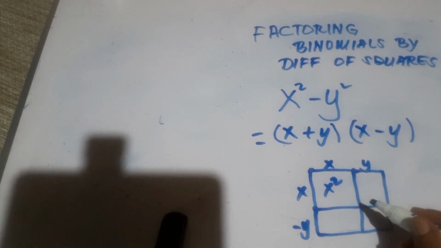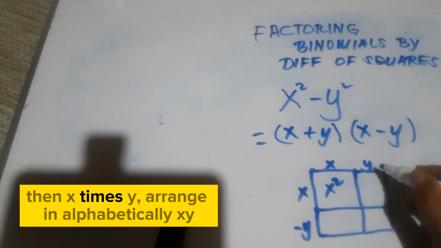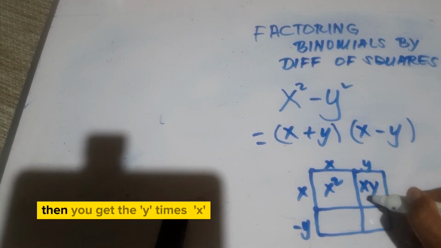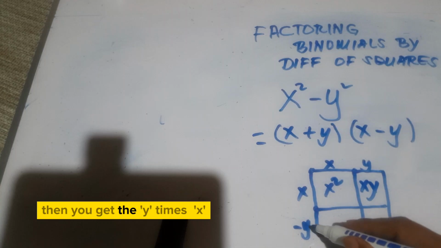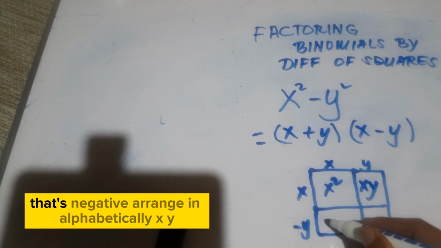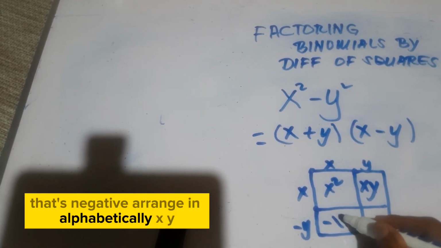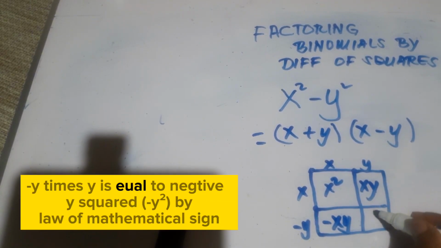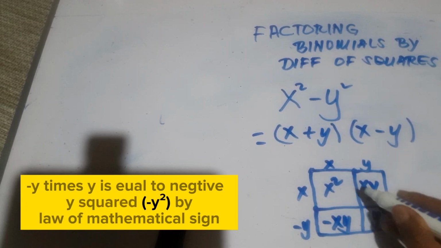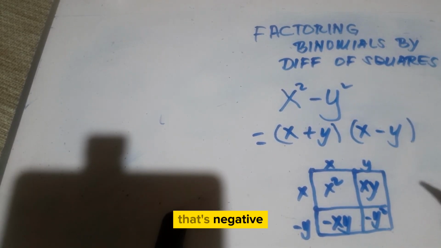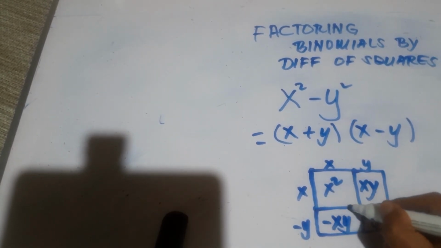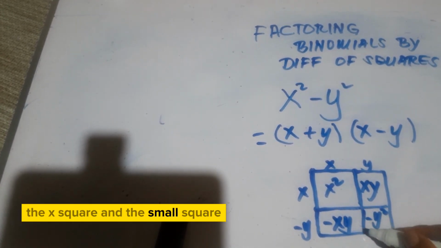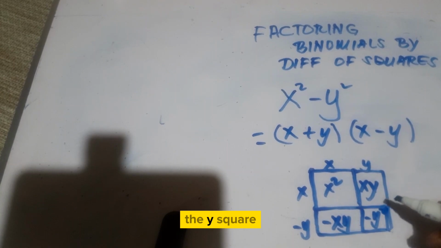Geometric proof. Say, to that point, let us say that's x. From here to that point is y. Down, that is x. And from this point to that point, let us say that's negative y. Draw. So x times x, that's x squared. Then x times y, arranged alphabetically, xy. Negative y times x, that's negative xy. Then negative y times y, that's negative y squared, by the law of signs. So we have the big square, the x squared, and the small square, the y squared.